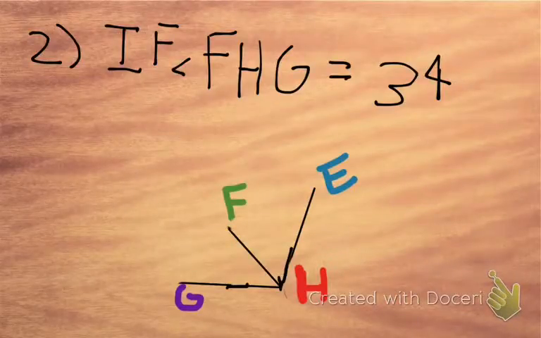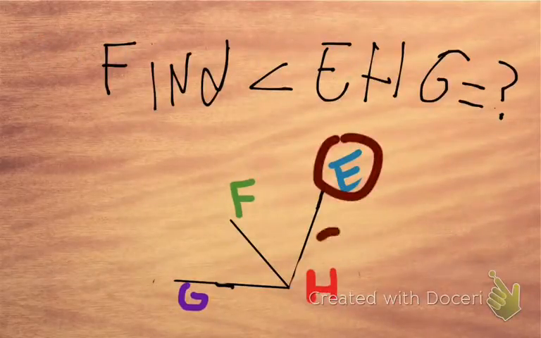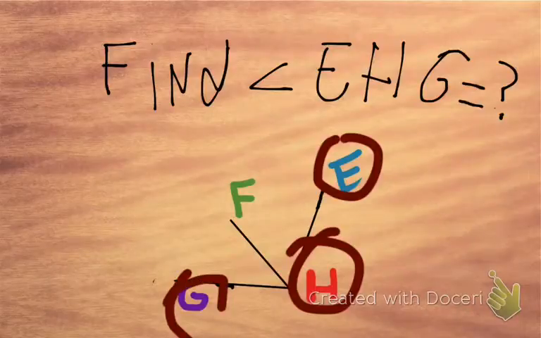So here on problem 2, it's asking if FHG, or angle FHG, is equal to 34. And next, it's saying our total, or EHG, is equal to question mark. So we would have to find EHG using FHG.